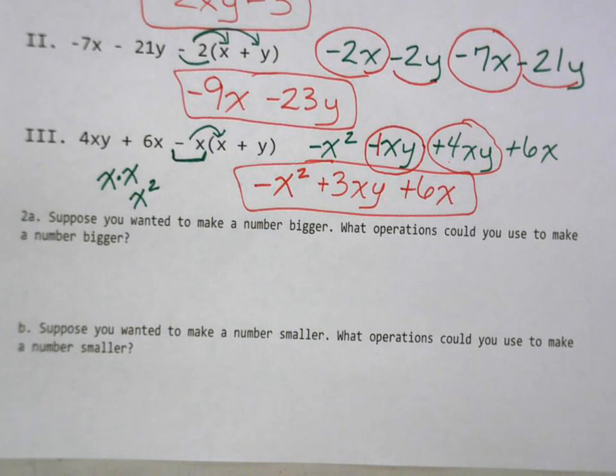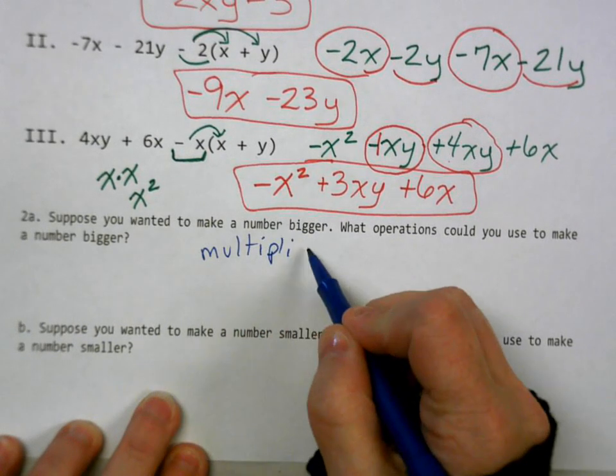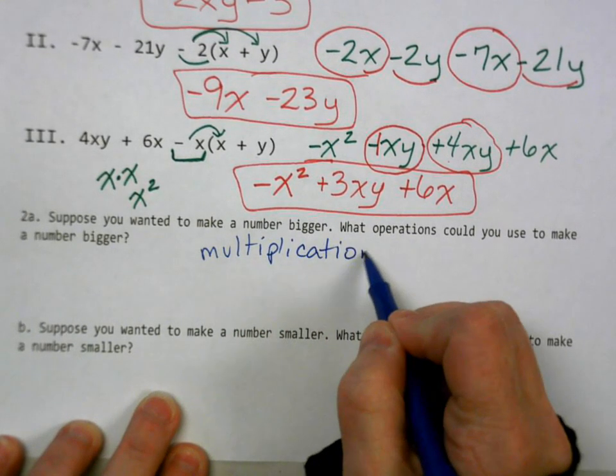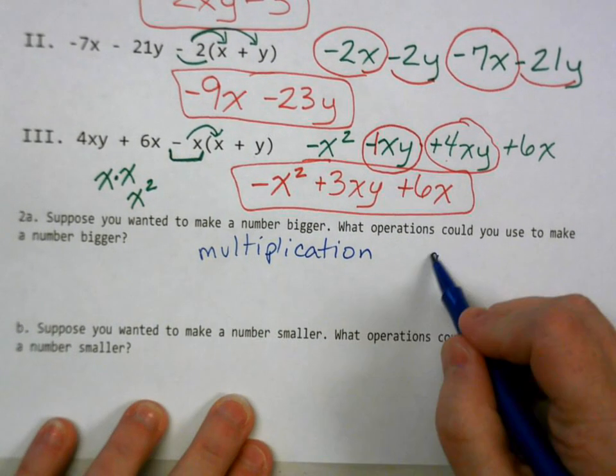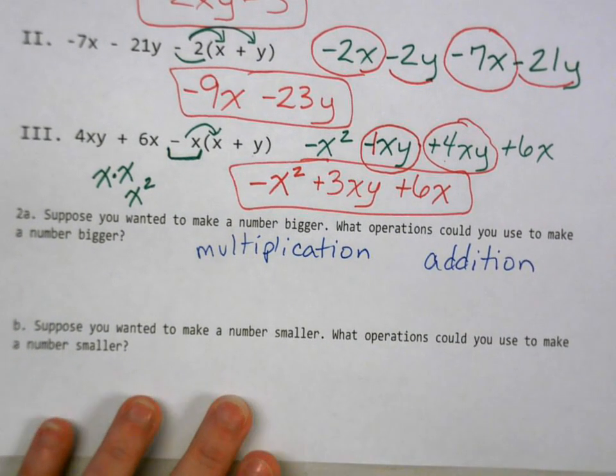I'm going to go get some other colors besides red and green up here. So somebody give me one operation that would make a number bigger. Multiplication. Addition. Okay, another one. Oh, I just put the signs. We have to write out the word.